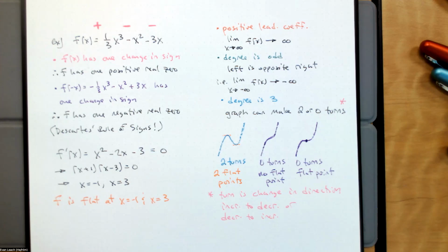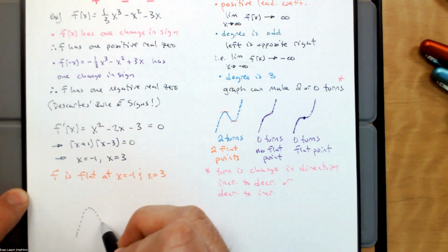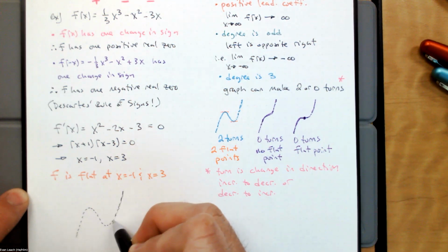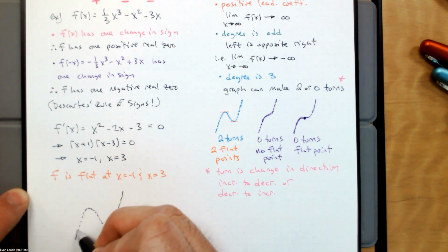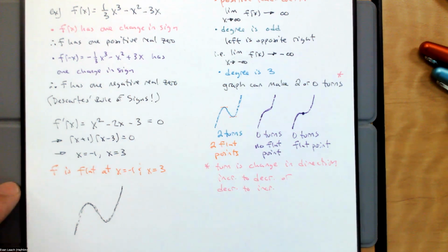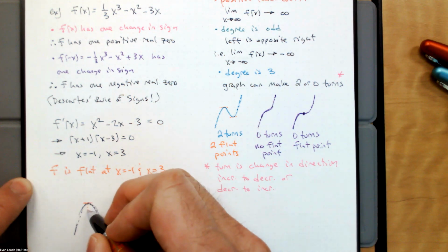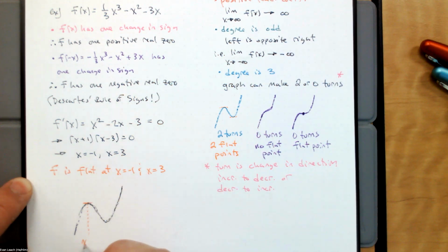So now we know what's going on in this function. We know that it must be this shape. It must have 2 turns because when we set the derivative equal to 0 there were 2 solutions. So it's going flat here at -1 and flat here at 3.